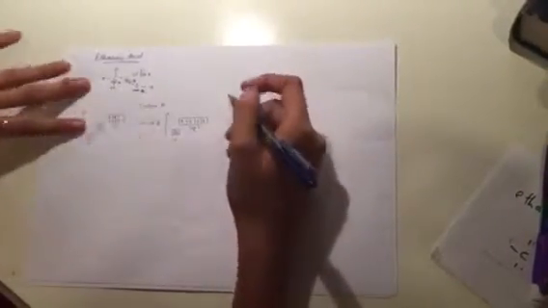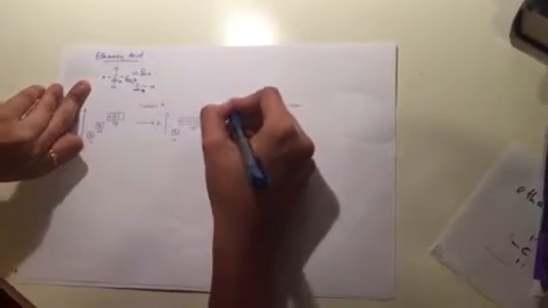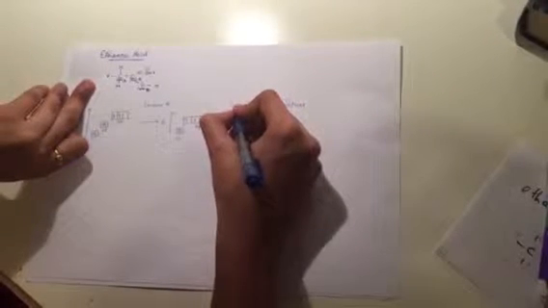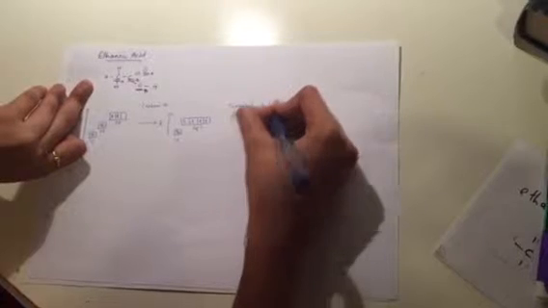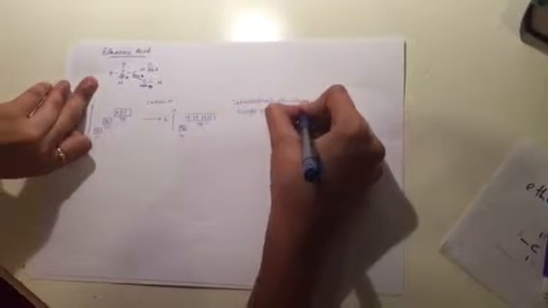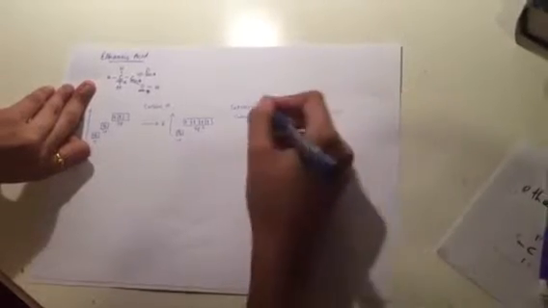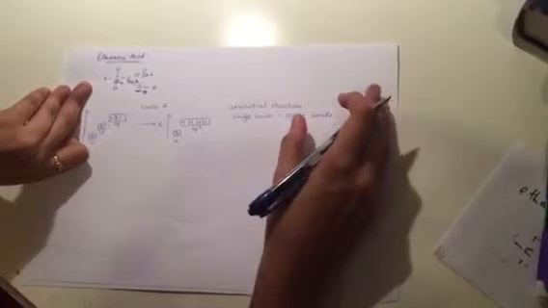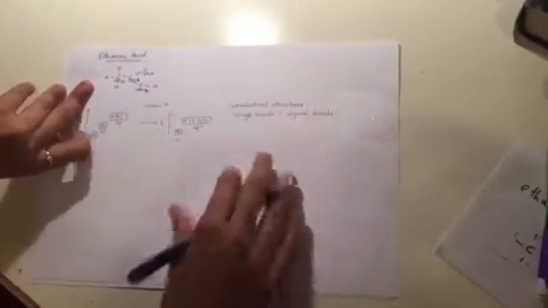As all the bonds related to this carbon are single bonds, you can say that all of these are sigma bonds. And thus sp3 hybridization takes place, which forms 4 equal orbitals.